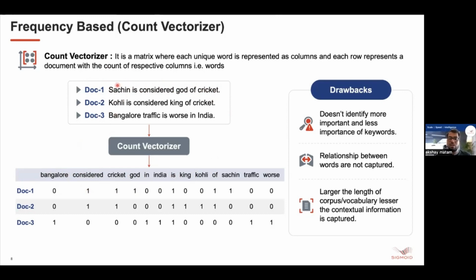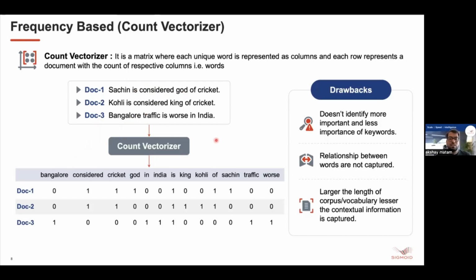If they are repeated twice or multiple times, we represent them with the frequency number that the keywords have been repeated. In this way, we establish a relation between the documents based on the keywords present in the document. What are the drawbacks if we represent the documents in this form?